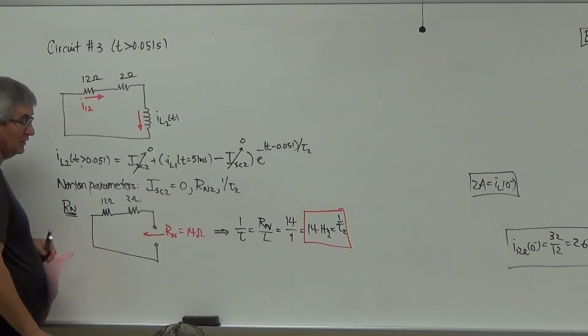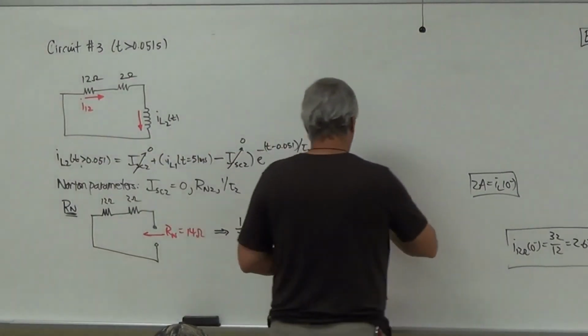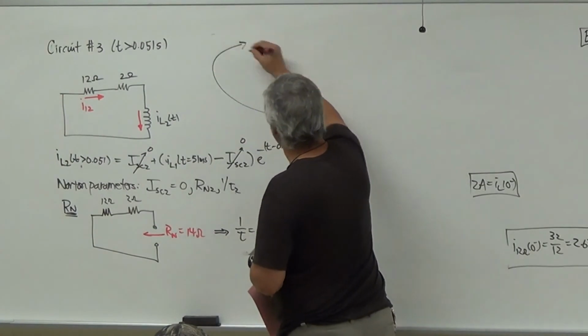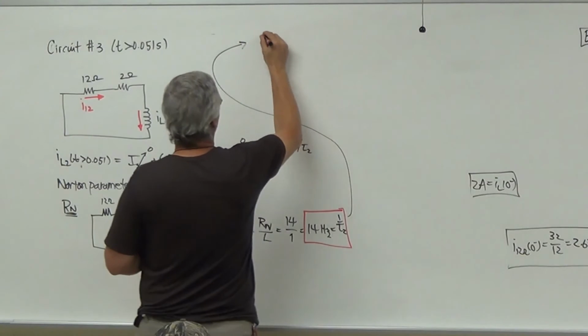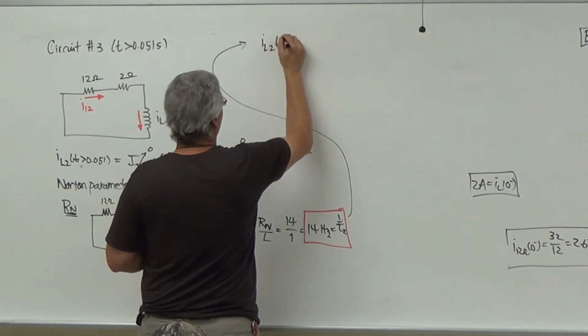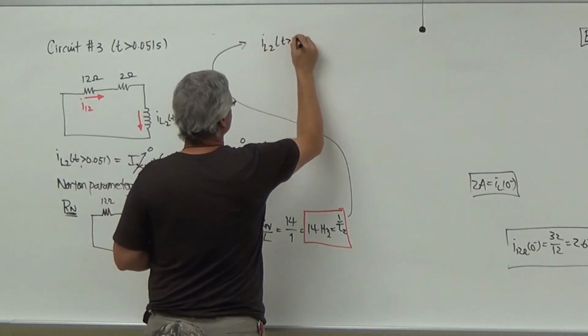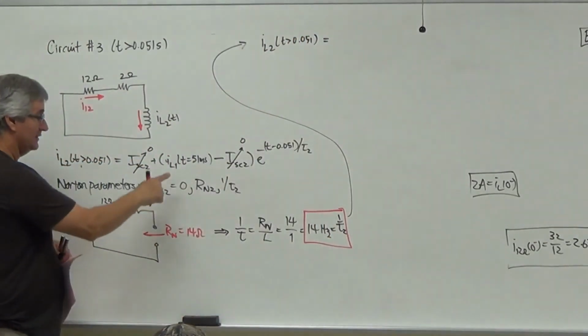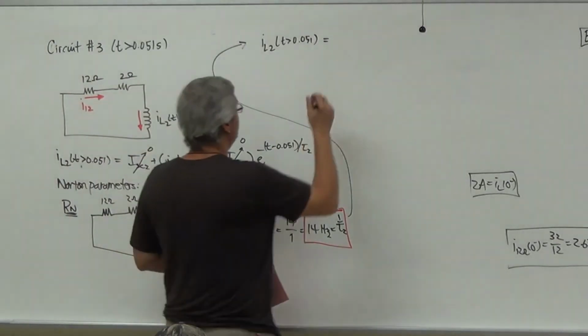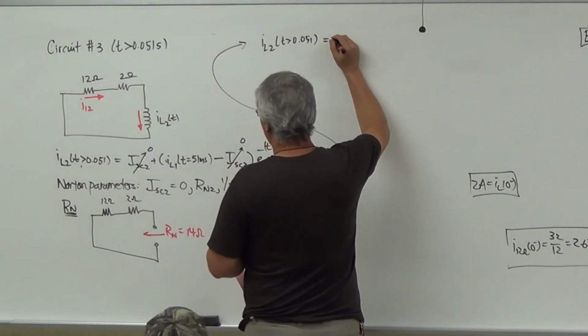Okay? So let's write it all up right now. If I rewrite this, right now I have IL2 of t, for t greater than 0.051, has to equal this value at 51 milliseconds.